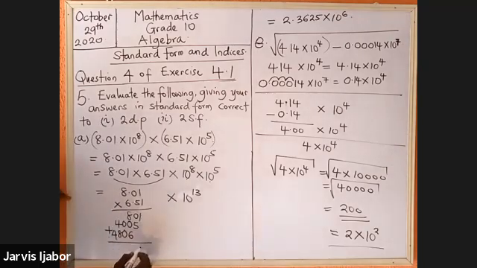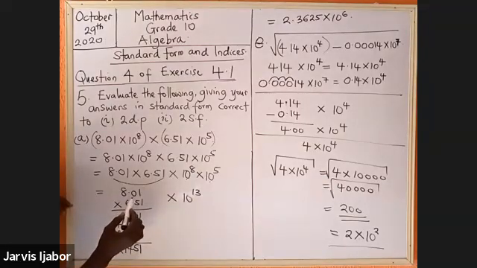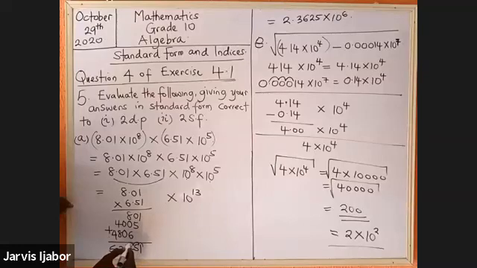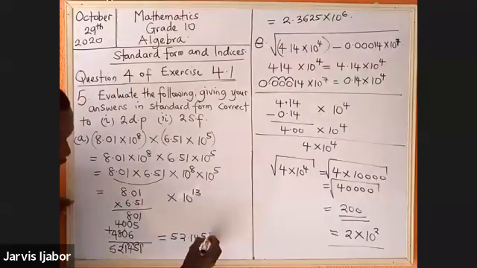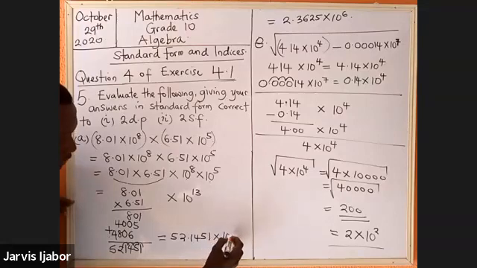And when you add all of this together, you have 1, you have 5, you have 4, a carry of 1. Added to these zeros, you have 2, a carry of 1. That becomes 5. Now, how many decimal places are you playing with? You're playing with 1, 2, 3, 4. So it will be 1, 2, 3, 4. So my answer becomes 52.1451 times 10 raised to the power of 13.